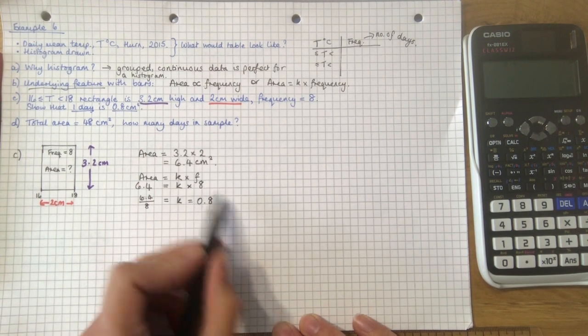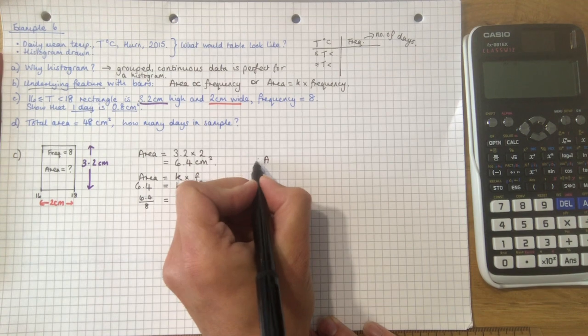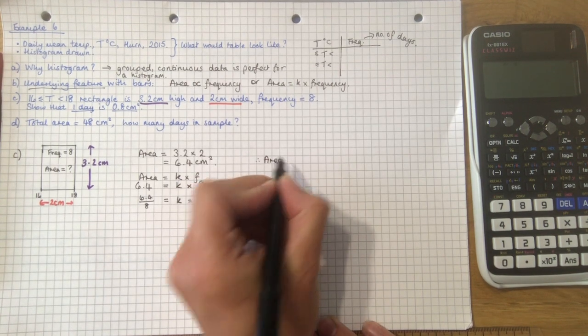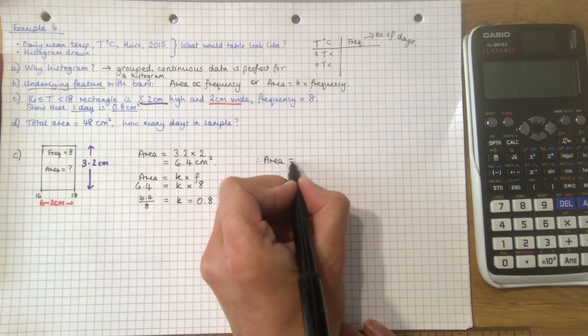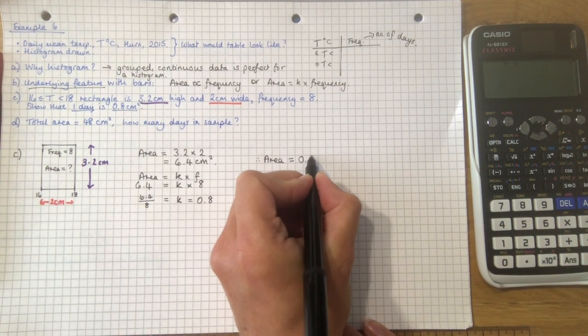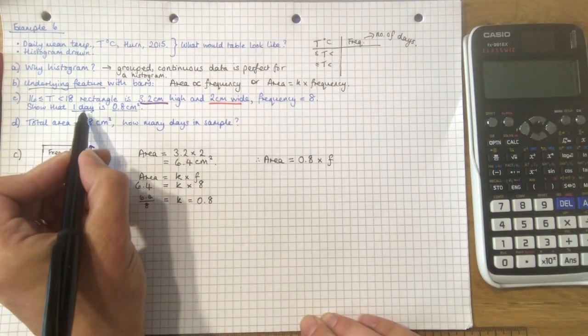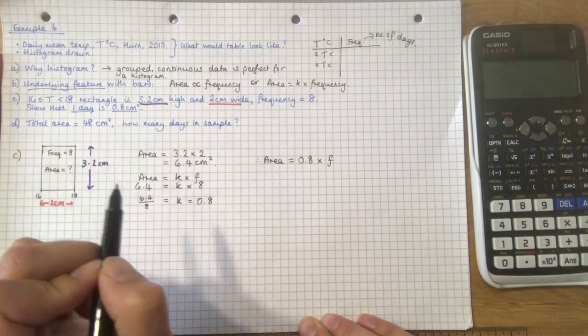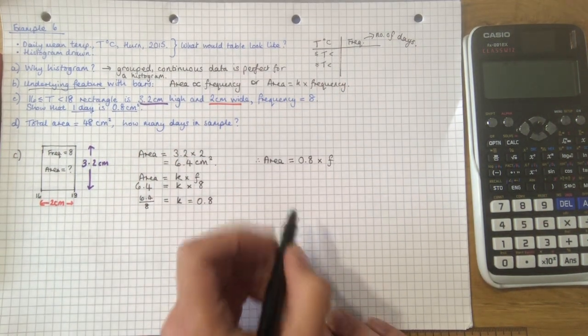So why does this show it? Well, let's think about that for a second. Let's go back to our statement of proportionality for this histogram. The area is K, which is 0.8, times the frequency. Now we're asked to show that one day is 0.8 centimetres squared. Well, one day, remember the number of days, it's the frequency.